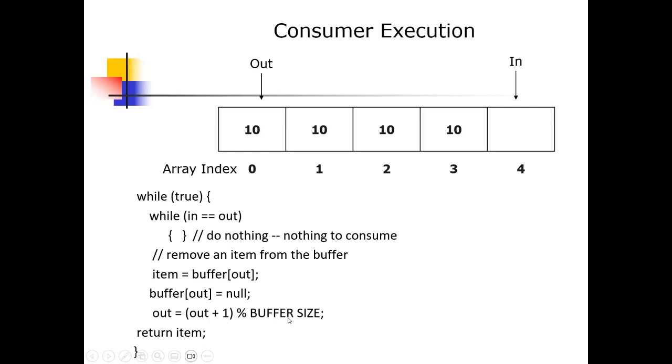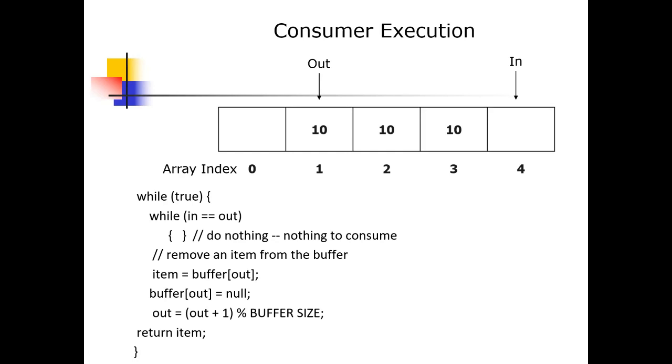Buffer size is 5, 0 plus 1 mod buffer size. So 1 mod 5 is 1, out becomes 1. Right? So that is the operation of the consumer.